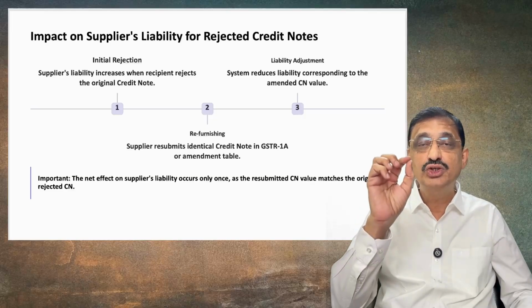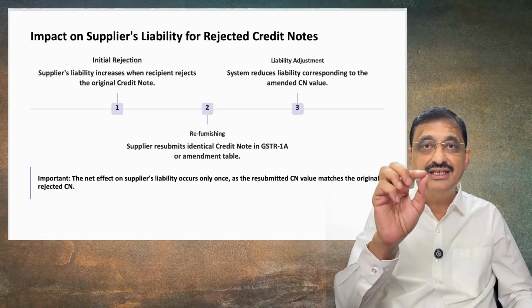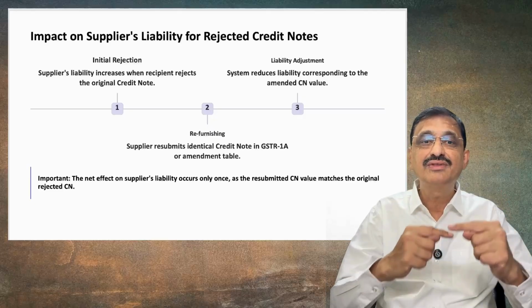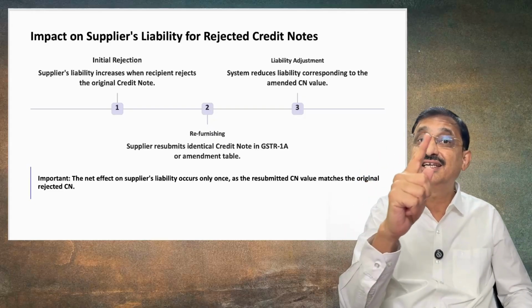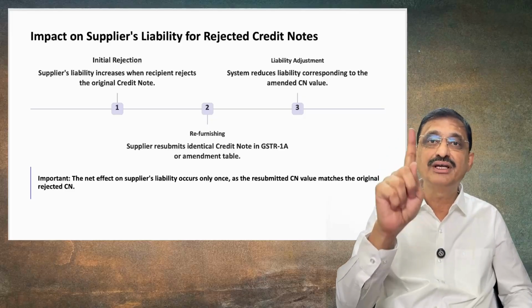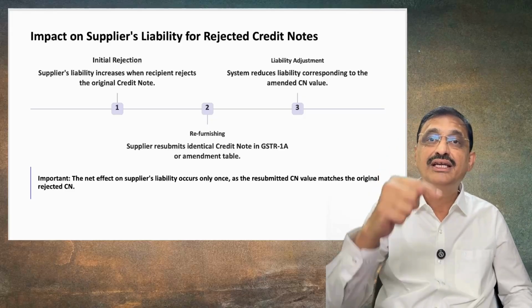Initially, when the original credit note was rejected by the recipient, the liability of the supplier got increased, which will be reflected in his GSTR 3B. That is, in the supplier's 3B, the liability gets increased.